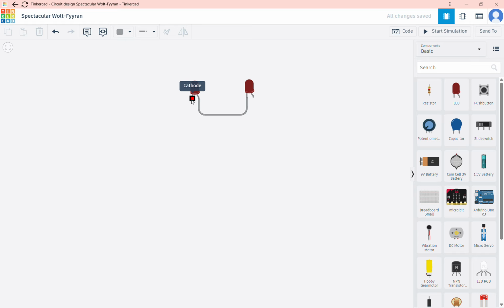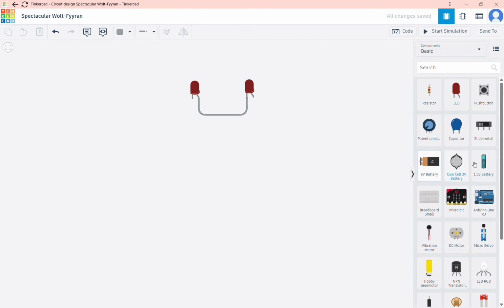It's just the positive connected to the negative, so we cannot give it a definite color. But the cathode, this one, we can give it a definite color because it's negative. So this is cathode and this anode.